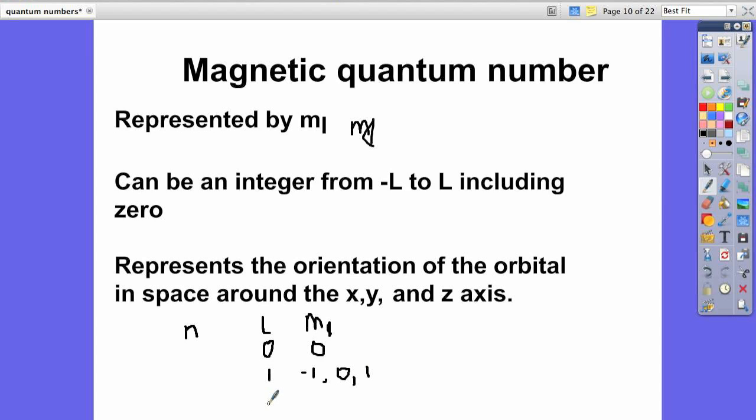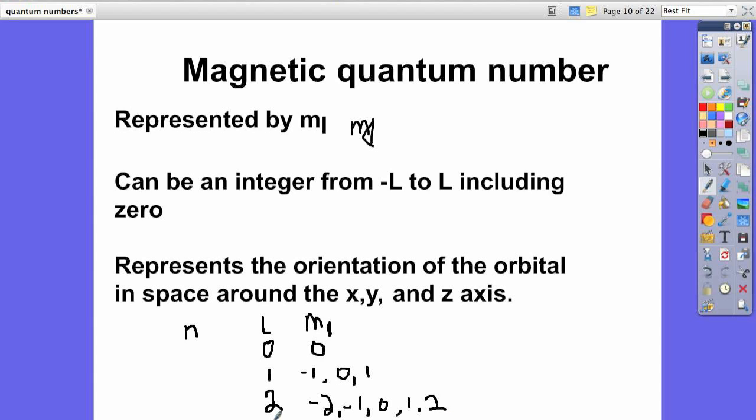If our shape was a d, it has the number 2 assigned to it. So m sub l would be between negative 2, negative 1, 0, 1, and 2.